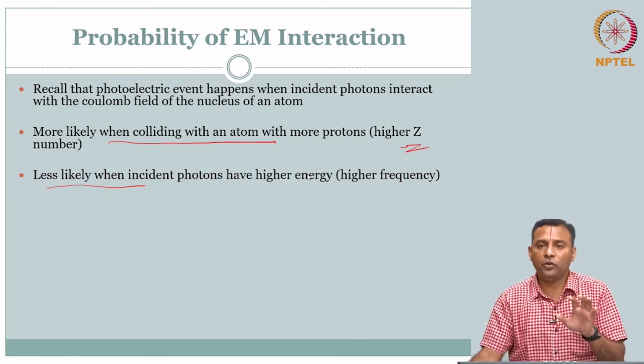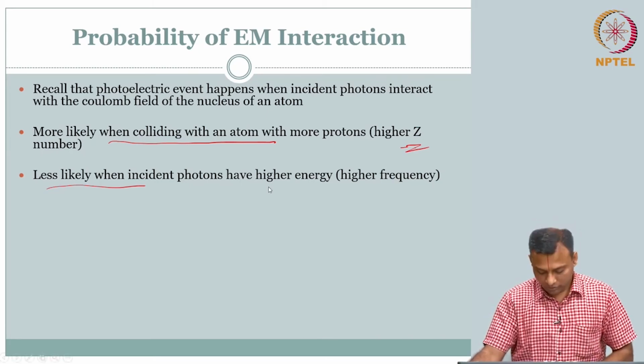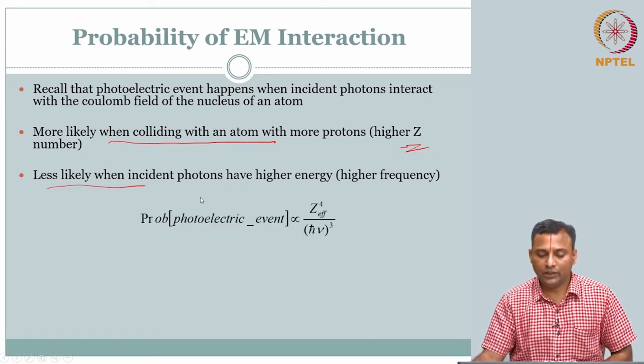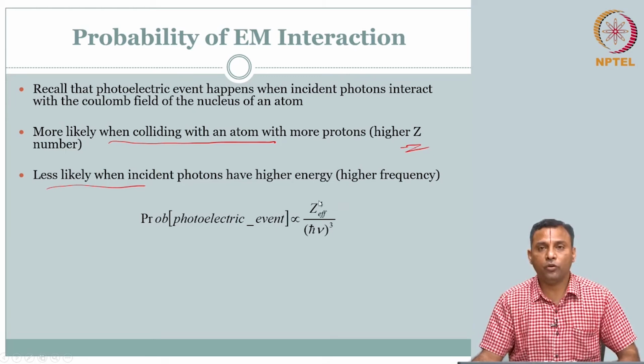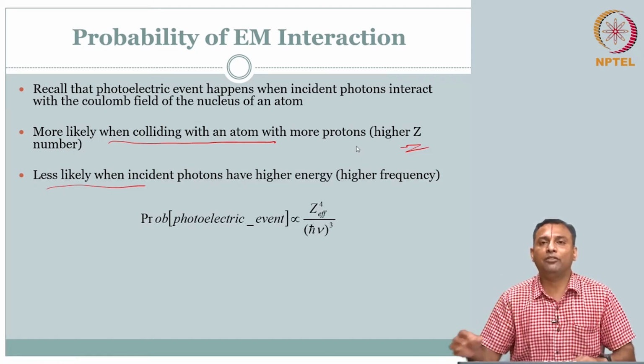Okay, so you have to look at some energy level that is conducive for maximizing the probability. So from an interaction perspective, from a probability perspective, one is directly proportional, the other is inversely proportional. Okay, so the exact order is like here: the probability of a photoelectric event to take place depends on the fourth power of Z effective. So why is this Z effective? I talked about an atom, but you have some compounds, some molecules, so you perhaps have several different kinds of atoms.